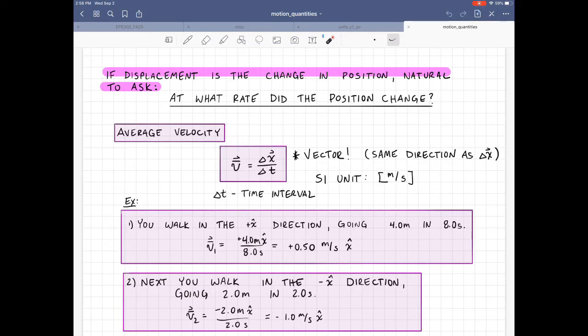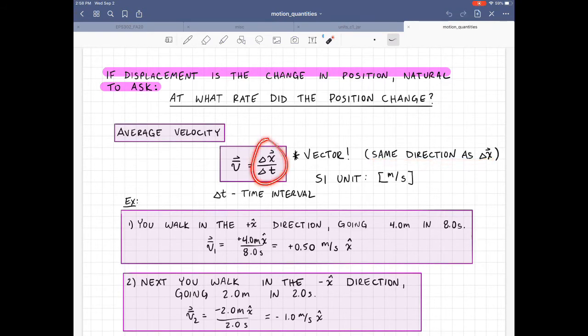And so we're going to start with the average velocity, the definition. And the average velocity is just the ratio of the displacement divided by the time interval over which that displacement happened or occurred. And so the average velocity is a vector. The direction of the average velocity is the same direction as delta x.